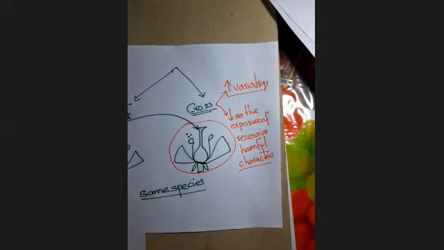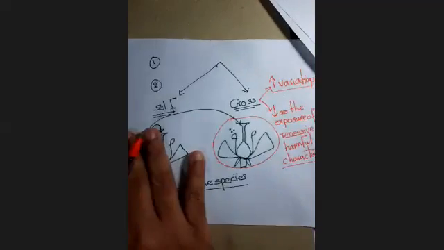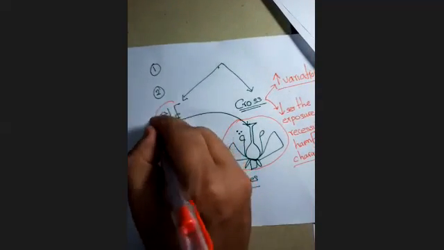Recessive harmful characters. Understood? That means both these are disadvantages of self-pollination.